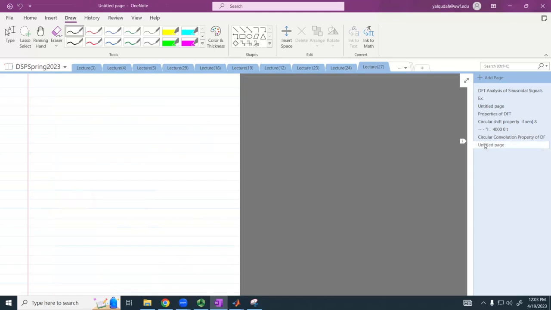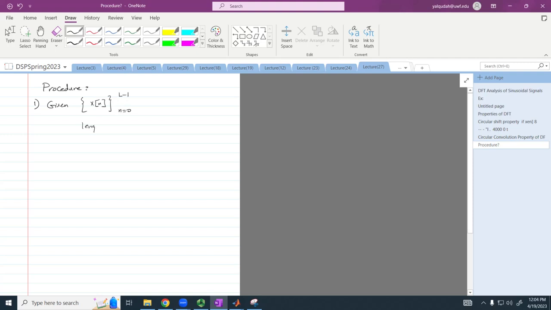So what I want to do is the filtering of the FIR filter. I'm given a signal x of n that is defined between n equals 0 and L minus 1.